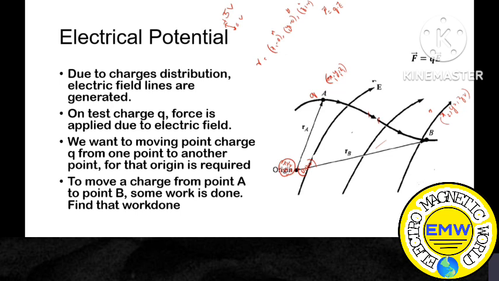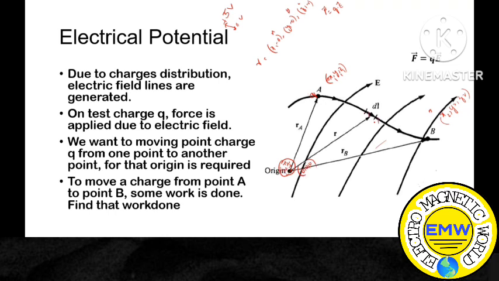Due to the charge distribution, the electrical field lines are created like this. So first we need to find this differential length dl. This differential length dl is easily calculated, and depends upon the coordinate system that we are using. Suppose the coordinate system is the Cartesian coordinate system, then it is dx, dy, and dz.